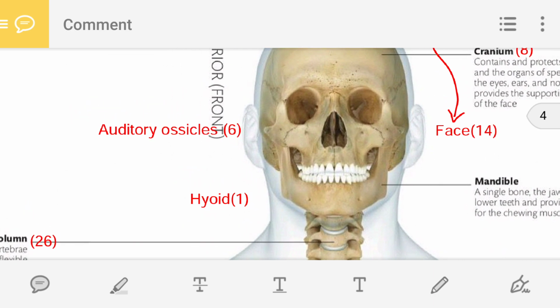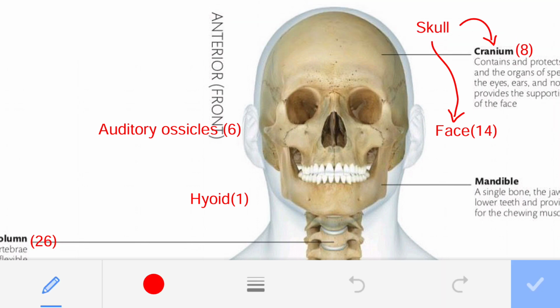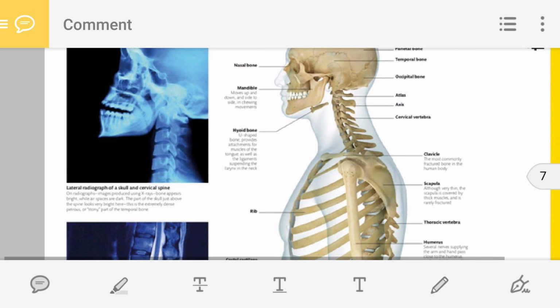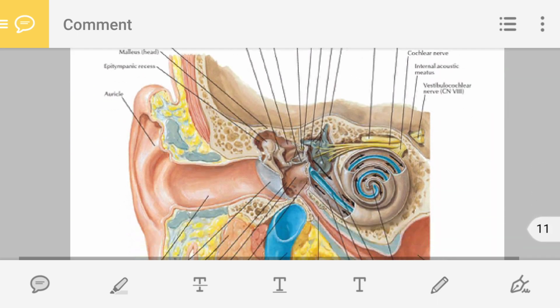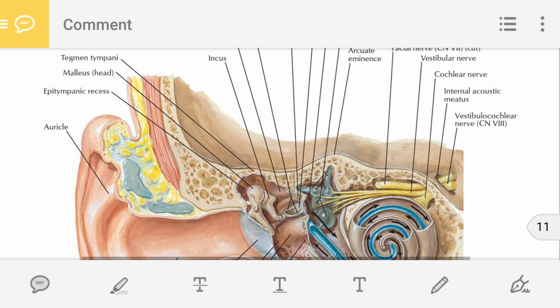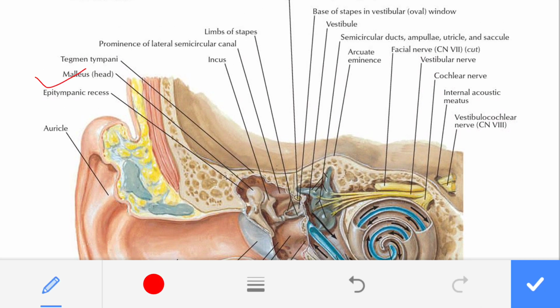Then the auditory ossicles, for example, here it is written auditory ossicles. I will show you these ear bones. This is the malleus, the hammer shaped bone. Then the middle one, incus. So this one is the malleus, the middle one is the incus, and the last one is the stapes.